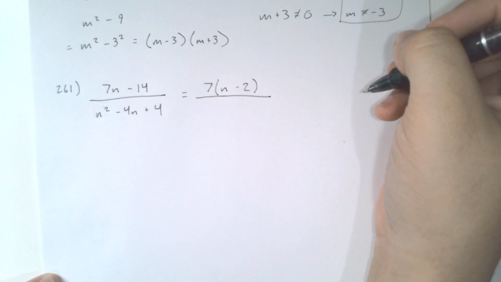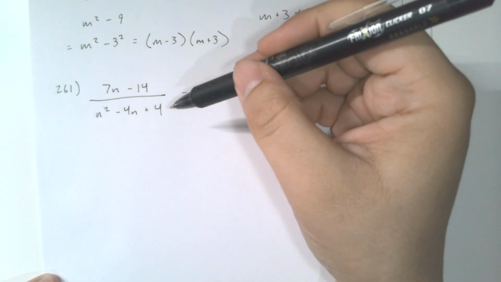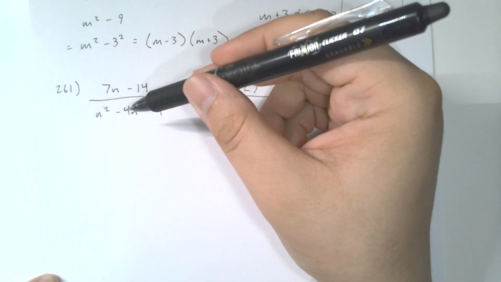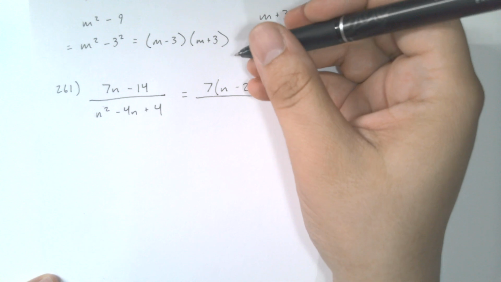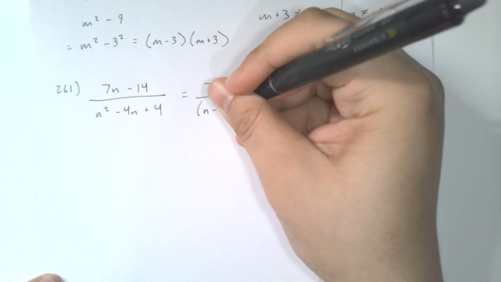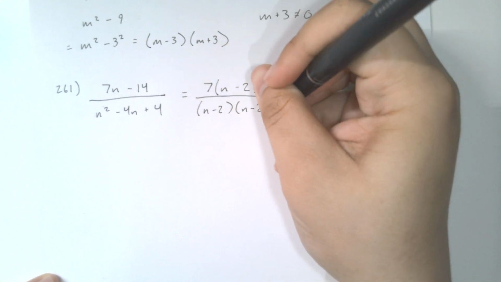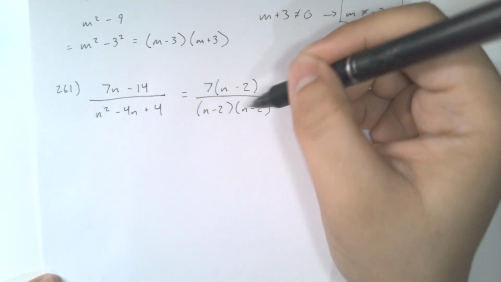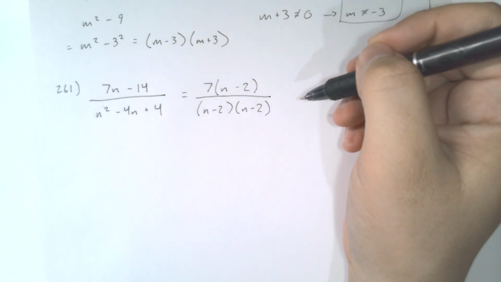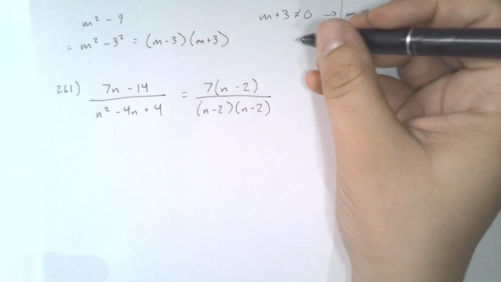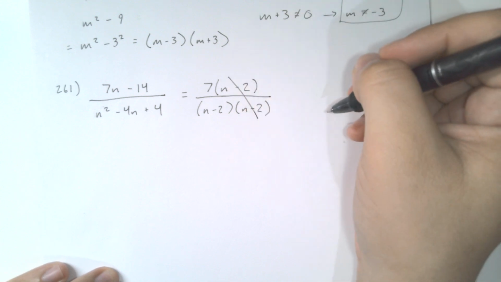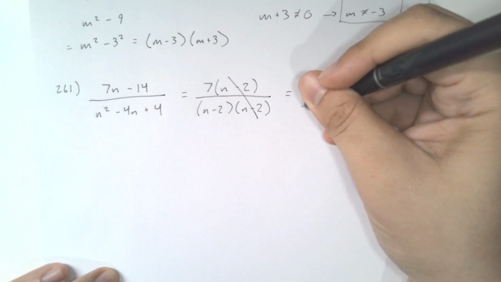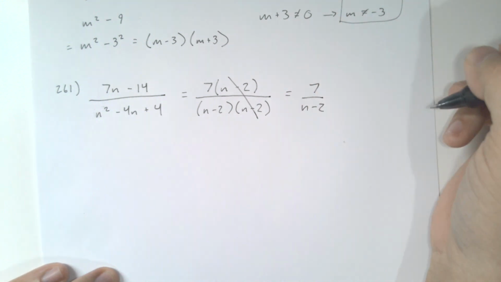What about the denominator here? Well, we're going to factor this as we find two numbers that multiply to 4 but add up to negative 4. And that would be negative 2 and negative 2. Negative 2 times negative 2 is positive 4, and negative 2 minus 2 is negative 4. So now we cancel out our common factors of n minus 2, and we have that this is equal to 7 over n minus 2.